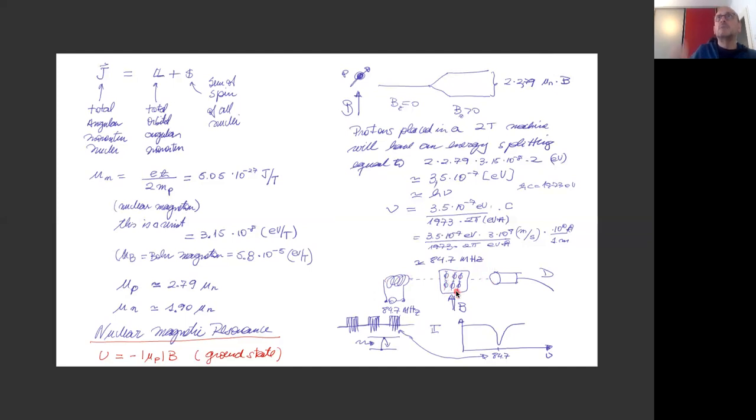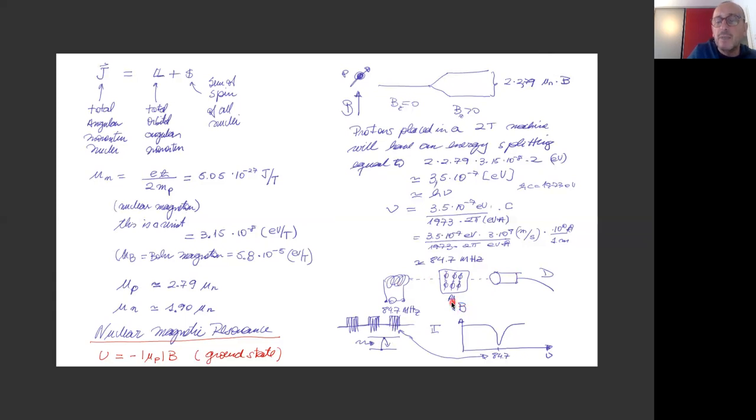I have a glass bottle with hydrogen inside. If I do that with 0 field, almost all the radiation generated here will go through the bottle and get in here.